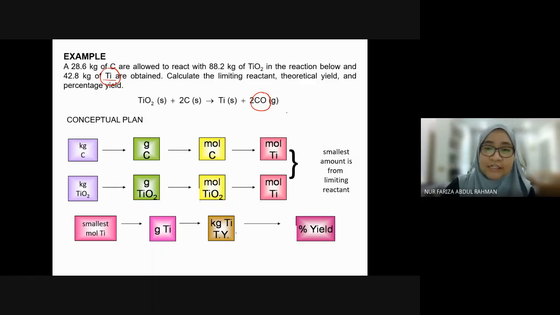Not necessarily. No, it's not like that. Either you compare with the titanium or carbon monoxide, you will still get the same limiting and excess reactant, because after all it is the same reaction. It cannot be that for carbon monoxide we have a different limiting reactant than the one that we have for titanium.